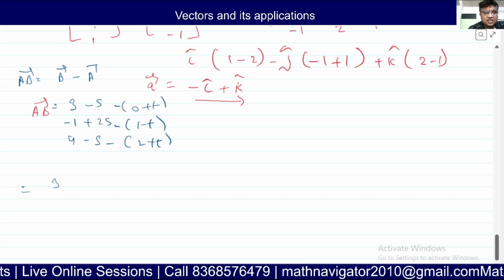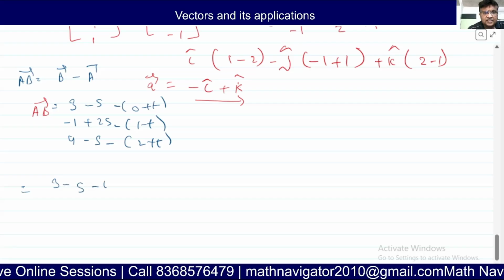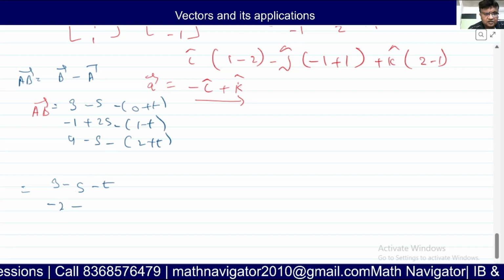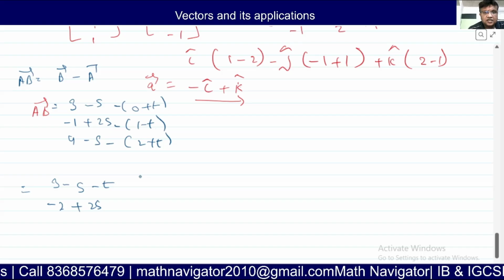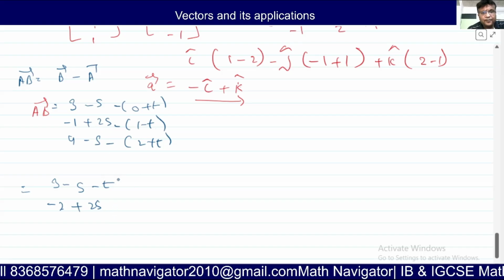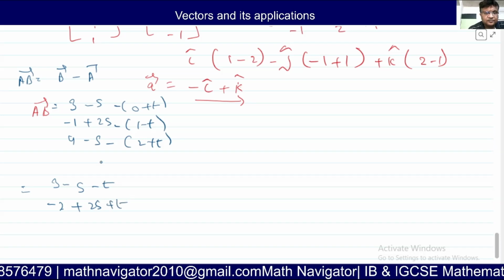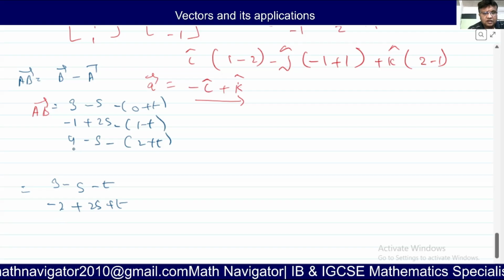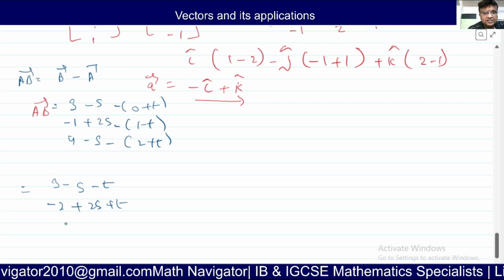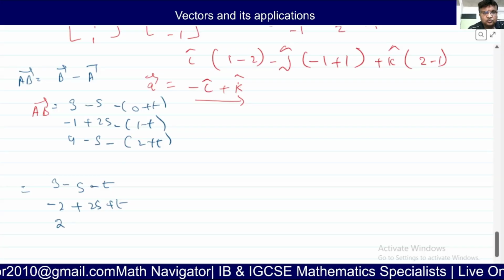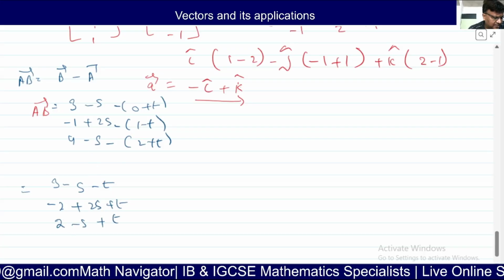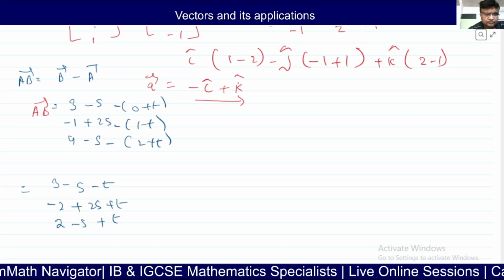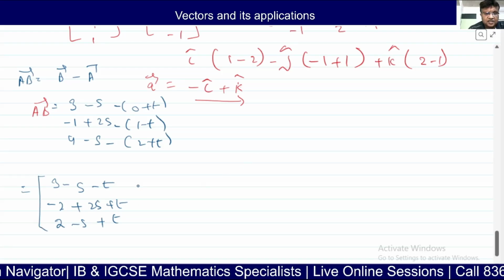Will give me 3 minus s minus t, that is minus 1 is minus 2 plus 2s plus t. This will be 4 minus s, so 4 minus 2 is 2 minus s plus t. Got it? So this is my vector AB.